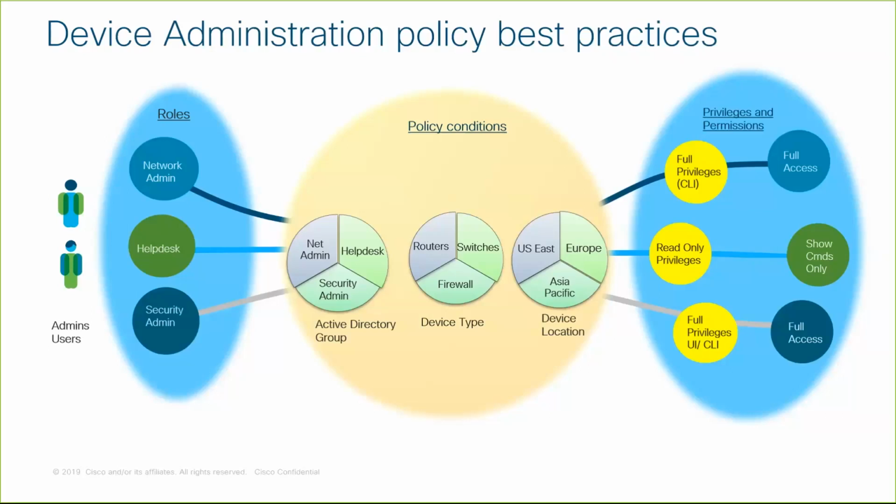So you have all these things in the policy set, and you use the Active Directory group in the authorization policy to verify if the users are part of this particular net admin group, and then give full privileges and permissions, right? So these are some of the best practices when you define the policies. You need to understand the roles, you need to understand the privilege permissions, and use the conditions in the right way.